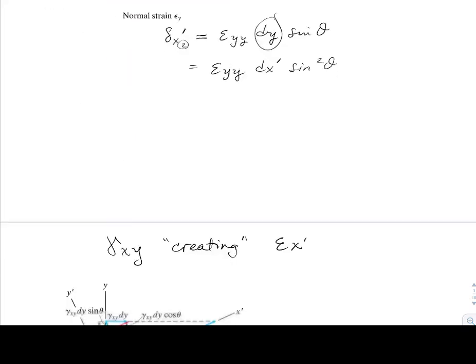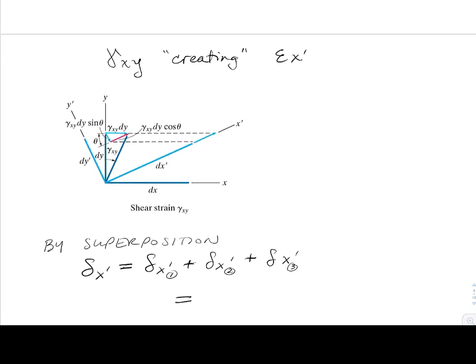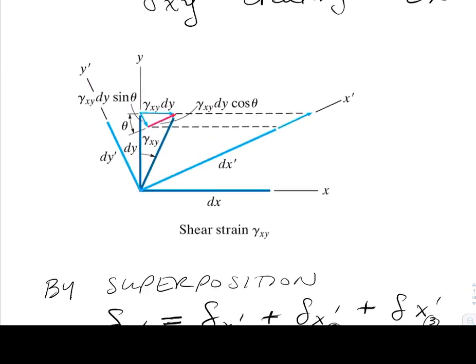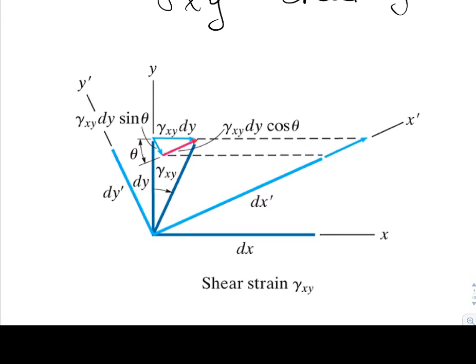So the last one would be the contribution from shear strain. So we'll get in here a little bit tighter at the kinematics. Little more challenging, but again, what we're tracking is the red line. So we want to find the contribution of gamma, and gamma would create gamma xy times dy.